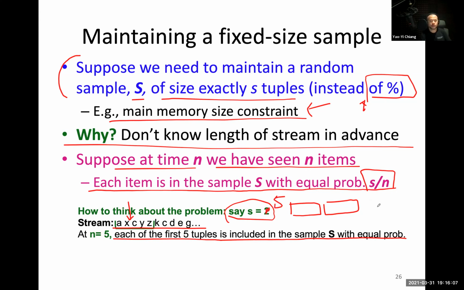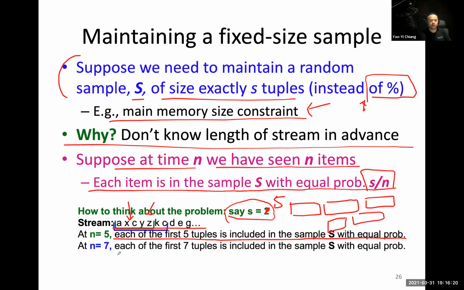You want to have 5 tuples in the sample, right? So when you see the first 5, you're going to store them. At n equal to 7, each of the first 7 tuples from A to C needs to have equal probability of being selected in the sample.